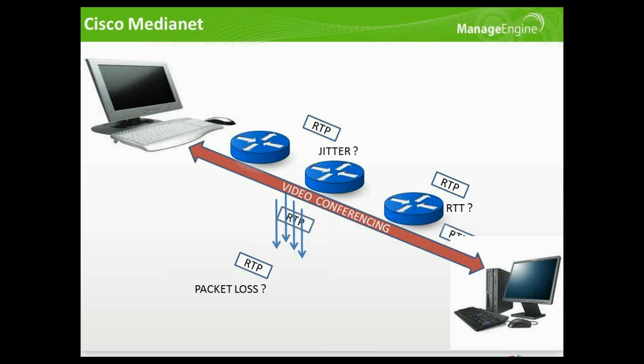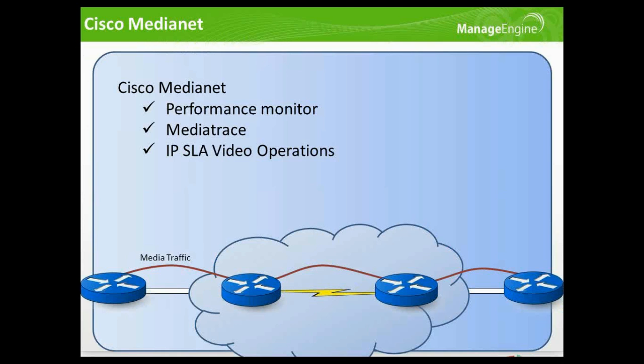From your branch to your headquarters, or from your office to your customer's head office, there would be different hubs. If you can get these reports from all these hubs, on packet loss, jitter, how the media traffic is performing, and what the media volume is, that's all the better. This is why Cisco has Cisco Medianet.